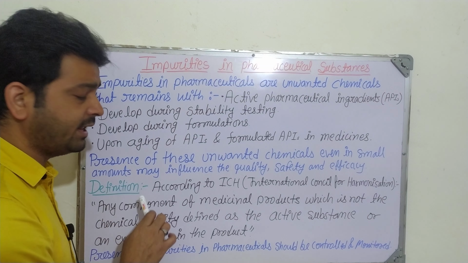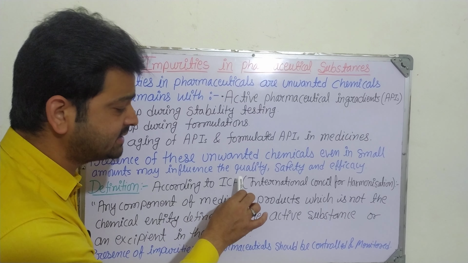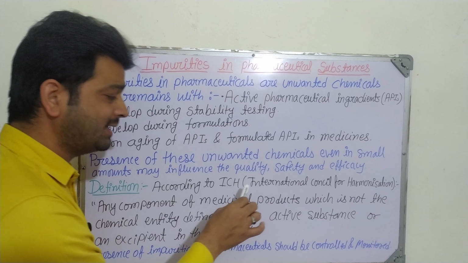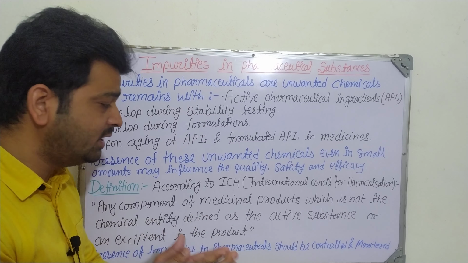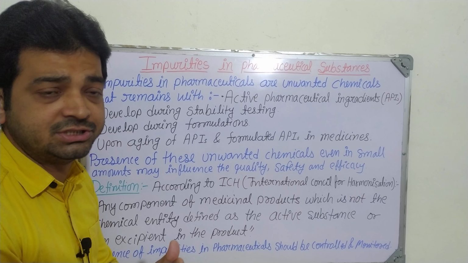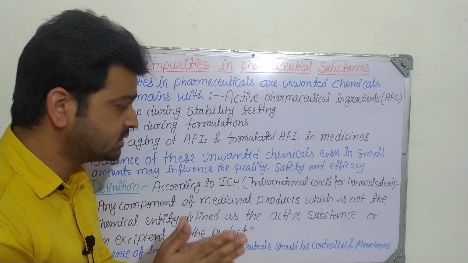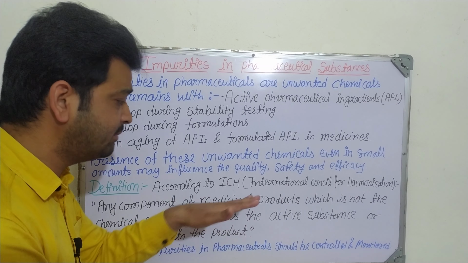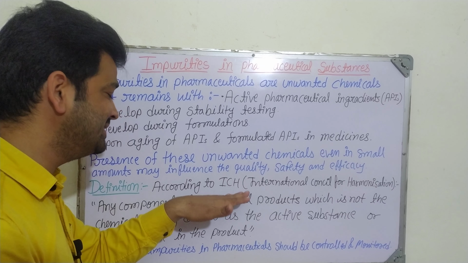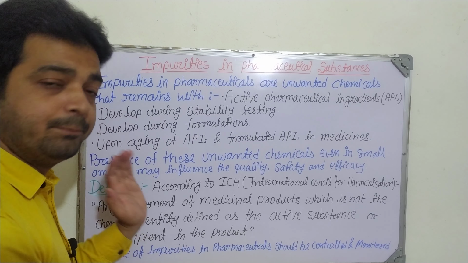Coming to the definition, according to the ICH, the International Council for Harmonization, one of the governing bodies which regulates different types of toxicity studies and rules and regulations, an international body with 29 member countries, this agency has defined impurities.